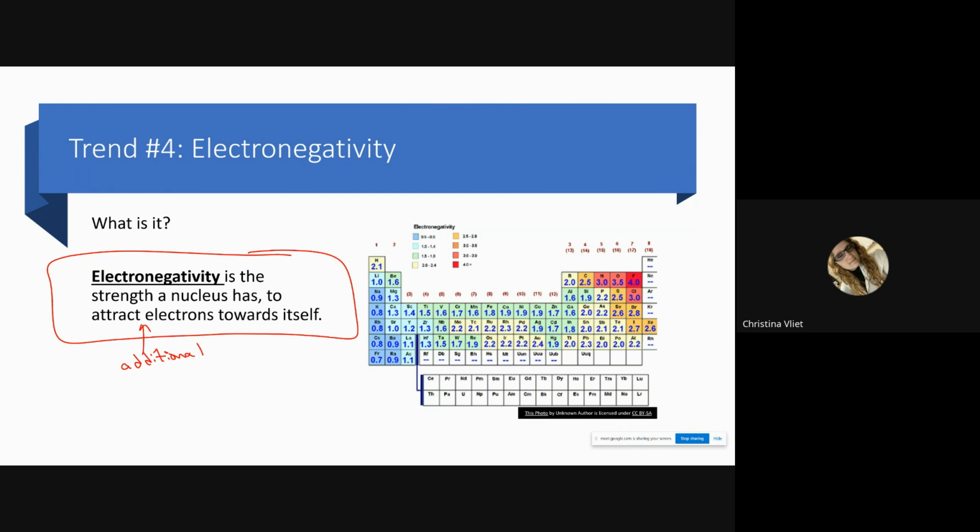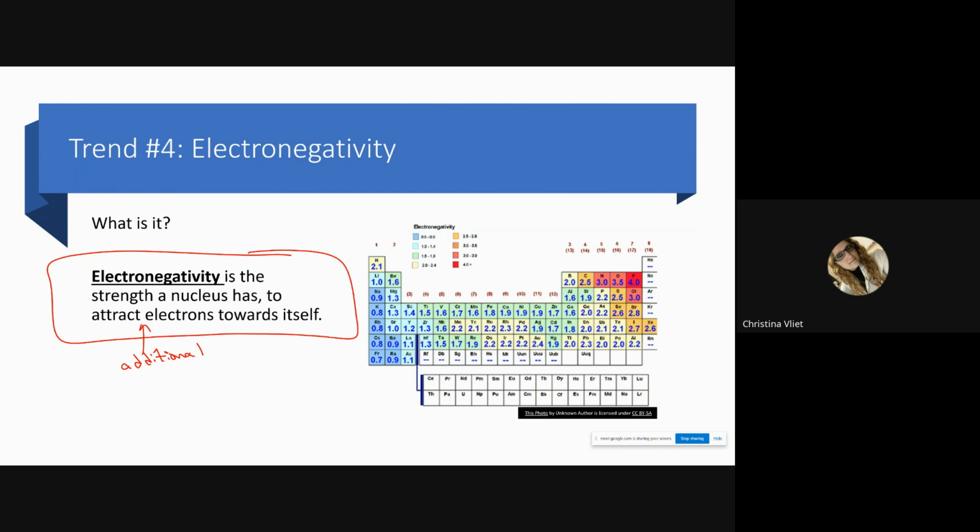And every element, this was discovered by Pauling in the 1930s, 1940s. He came up with the scale, and this scale measures it's basically a power index of how much power each element has to pull electrons toward itself.